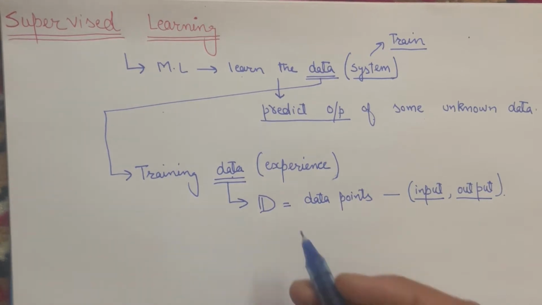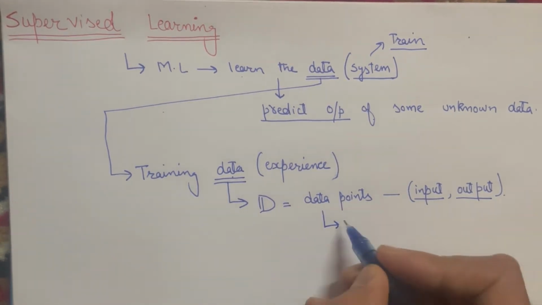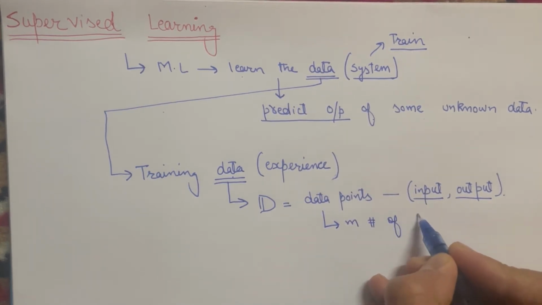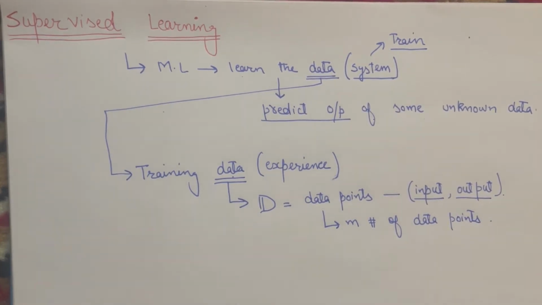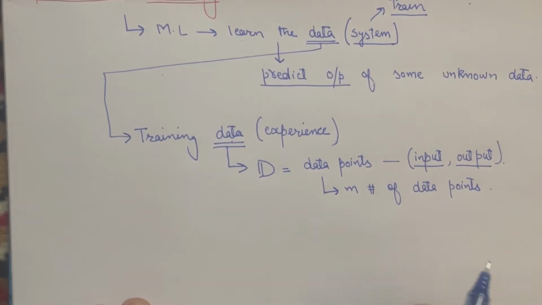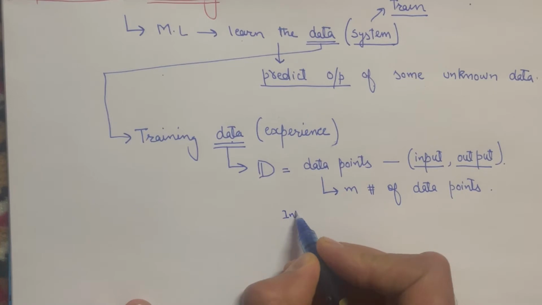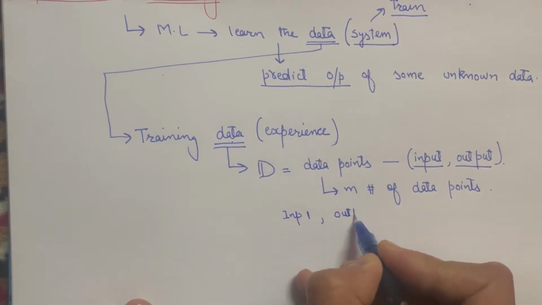And in this particular data set there can be m number of data points. What does that mean, m number of data points? It means that let's say we have one type of input 1, and for that we have output 1.